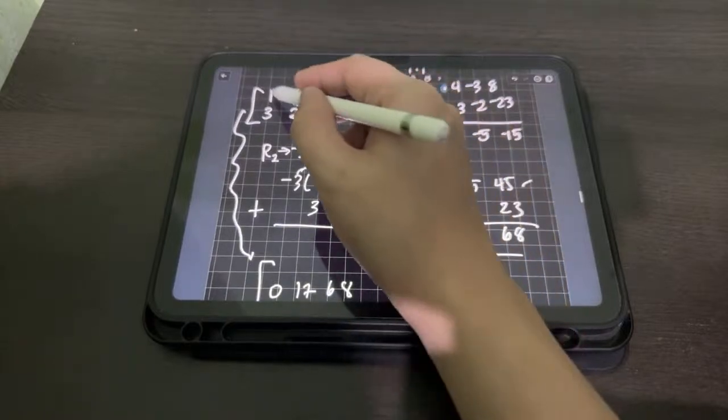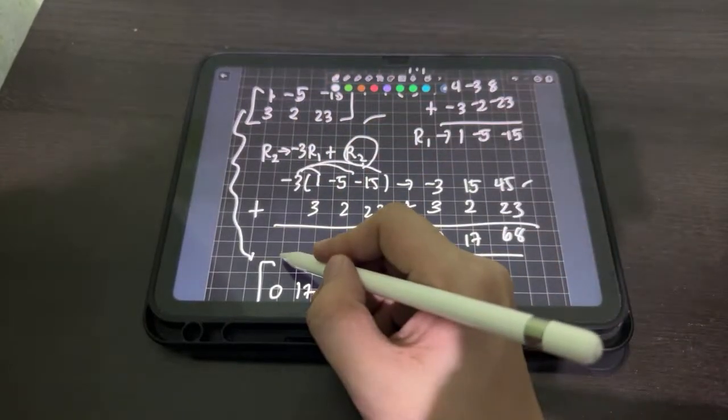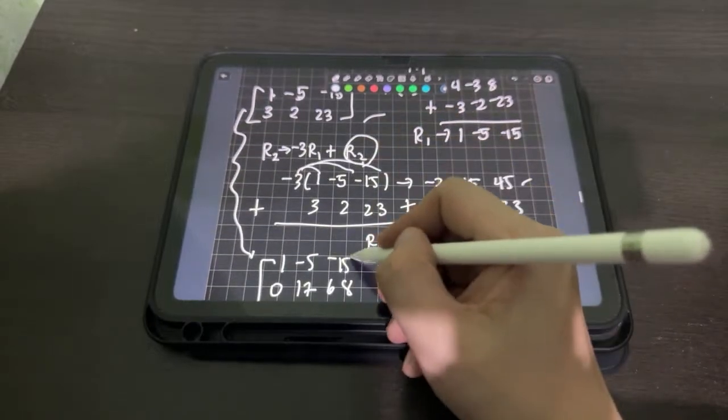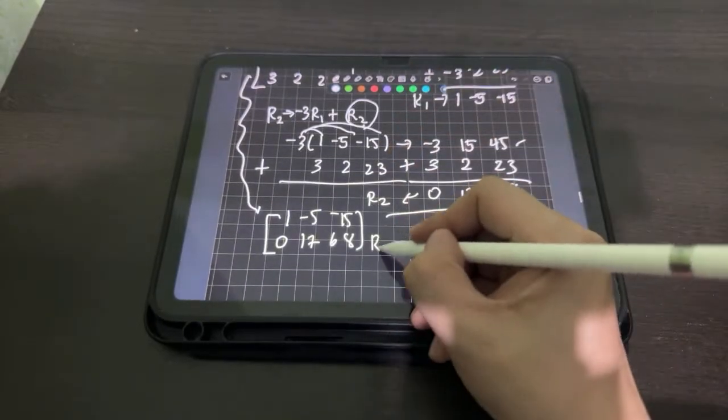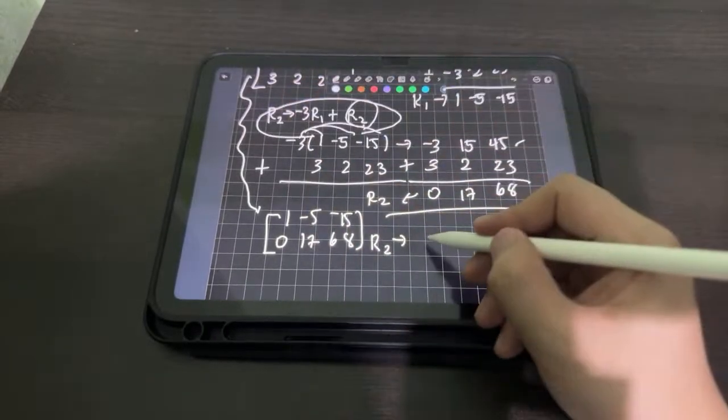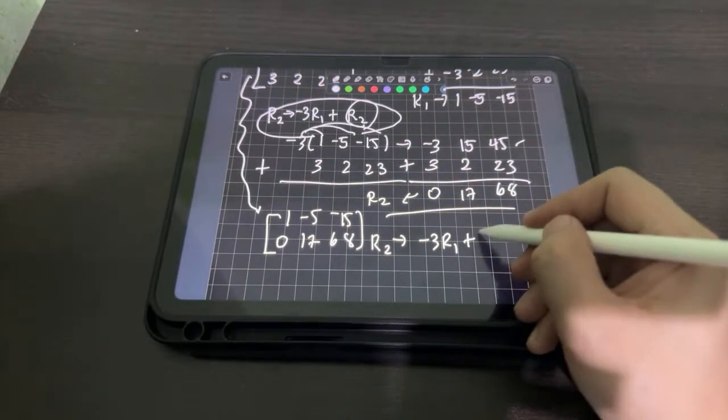Then just copy the entries in row 1, 1, negative 5, negative 15. We obtained these new entries in row 2 by doing the operation negative 3R1 plus R2.